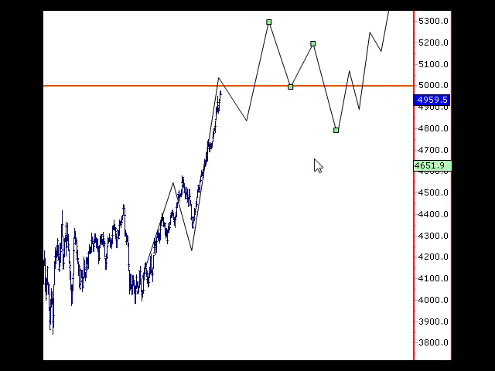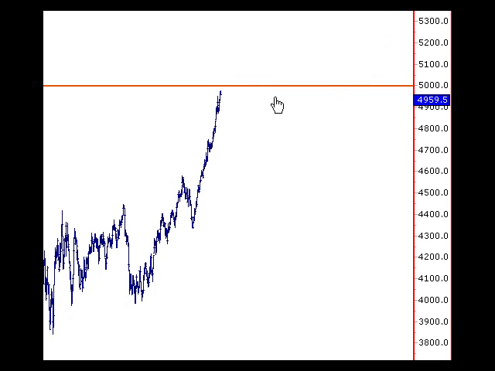But in the meantime, on both counts, you can see that one way or another, we've got this little 4th wave correction here to work through. Now, this 4th wave correction could occur like this, so we have it here.